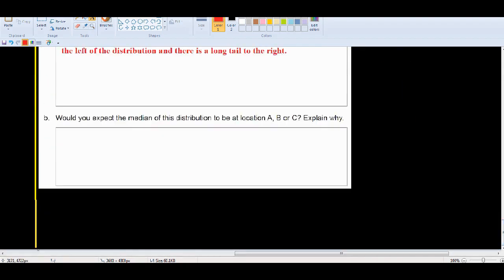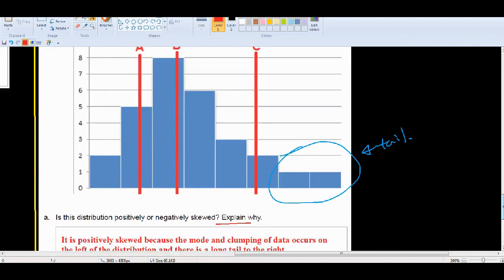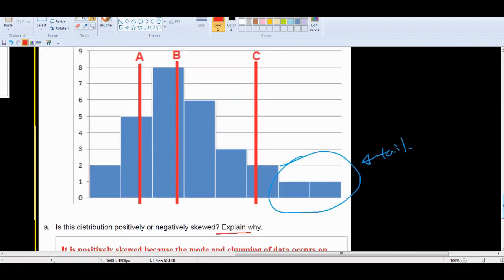Would you expect the median of the distribution to be at location A, B, or C? The median should be the middle of the data when all data are in ascending order. Because most of the data are clumped towards the left, you need a median which is close to the left.